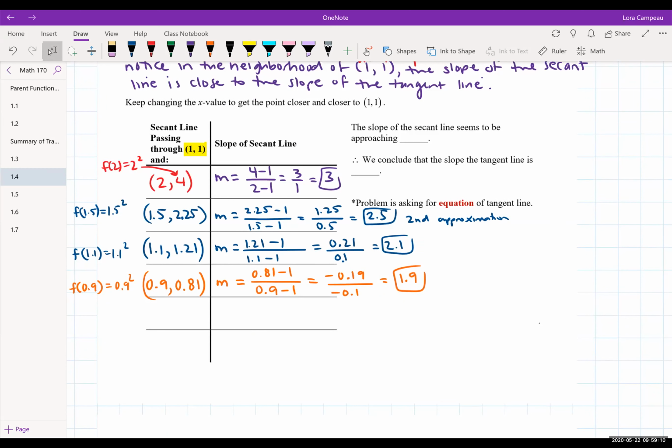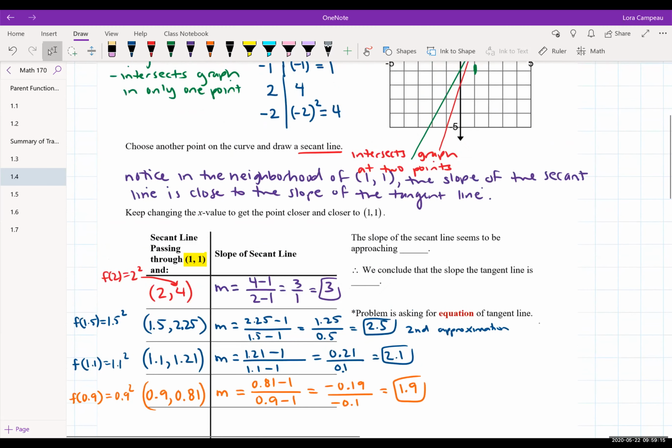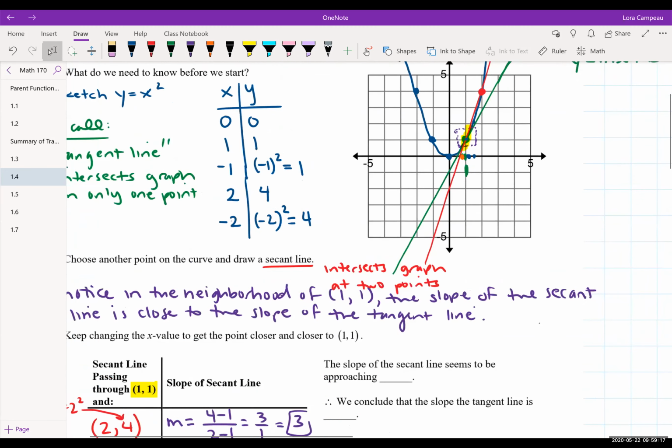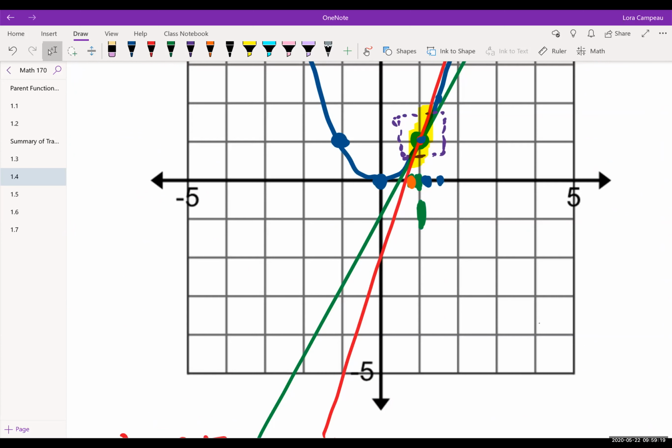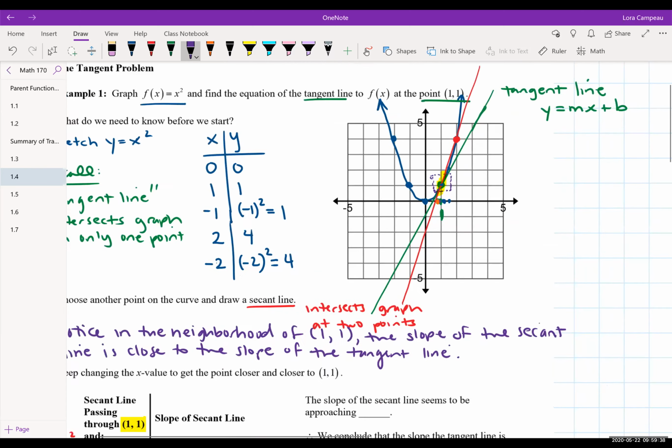And even better, if I want to get really, really close, this would be me really exploding the graph, and maybe even getting beyond the 1.9 and maybe go to 0.99. Find the corresponding y value where it hits the function and draw the line through those 2 points in relation to 1, 1. I'll shrink it back down for you all.